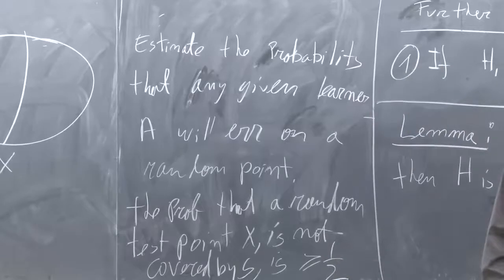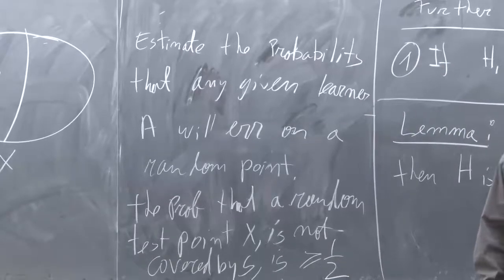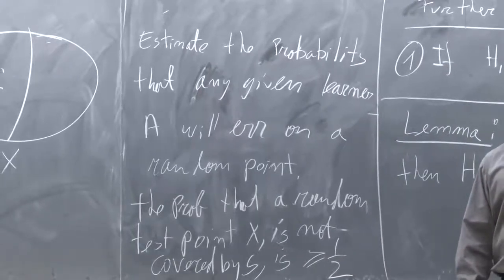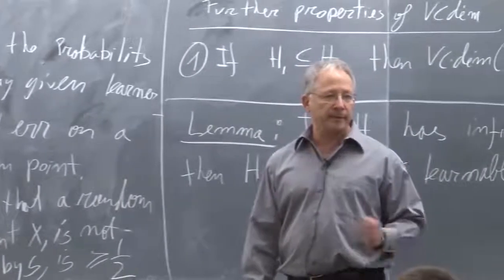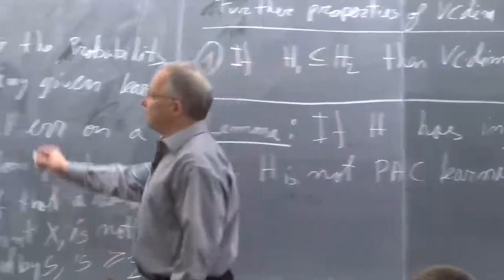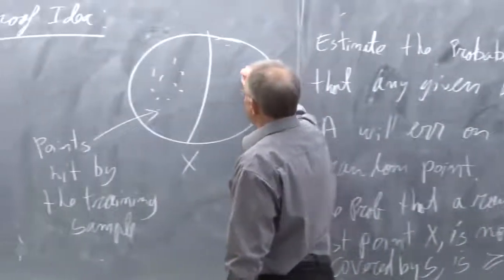Since S was small, S covered only half of the points. If I pick a random point in uniform, the probability it will hit a point not covered by S is at least half. But what happens if a point is here?